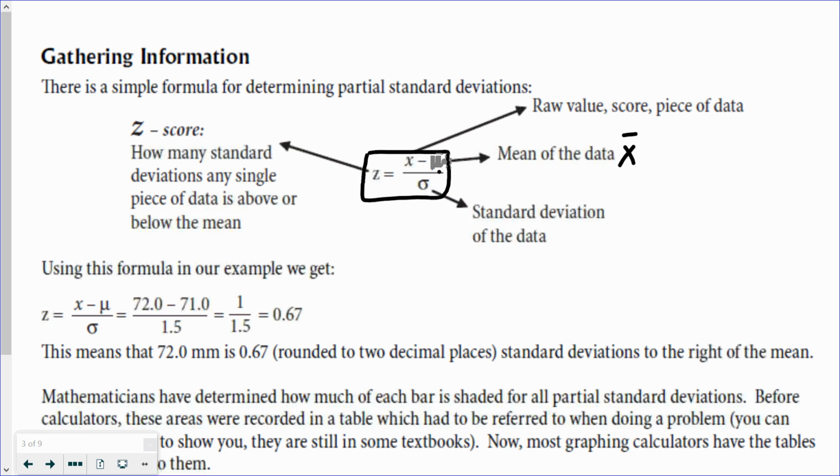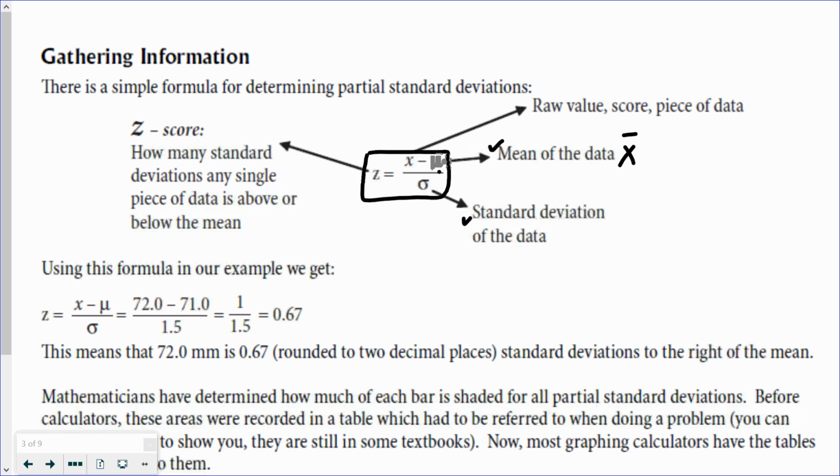And we divide that value by the standard deviation of the data. So that looks a little bit crazy because it's all letters and weird symbols, but you know this standard deviation thing. You know the mean. Yes, we have a different symbol, but you guys can remember two things in your brains, right? And then the raw value is just our piece of data that we're actually looking at.